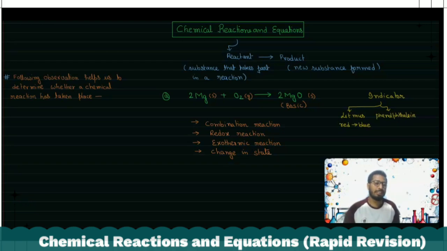As it is basic in nature, its color will be pink. In acidic, the color of phenolphthalein will be colorless. And the last one is methyl orange. In the basic medium, it will be yellow in color. So by this we can easily say that this is basic in nature.